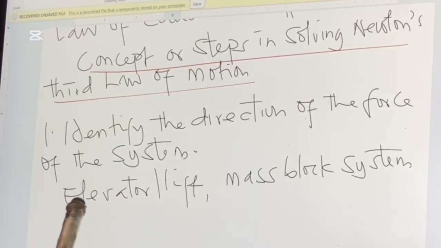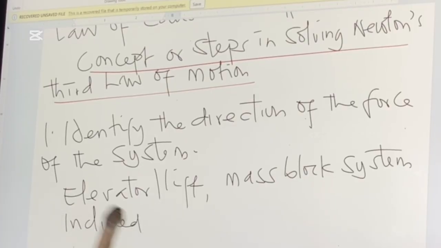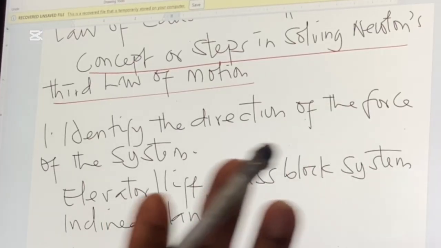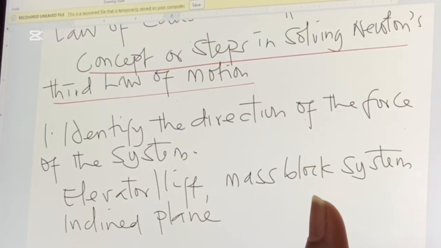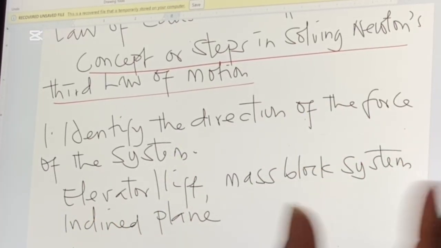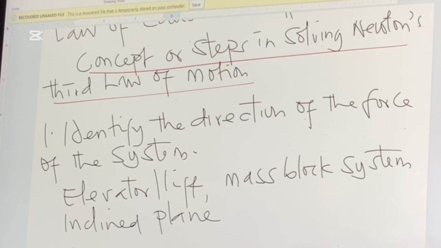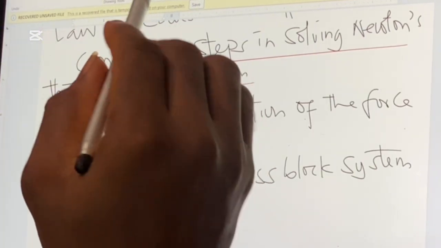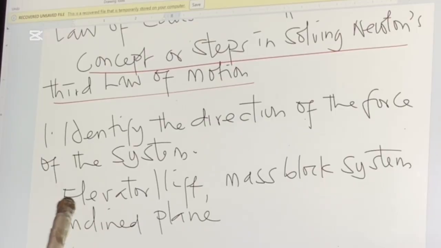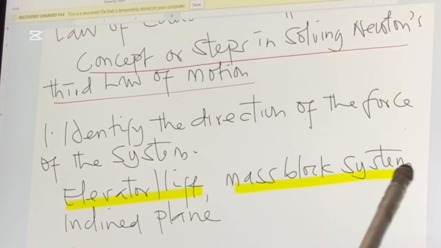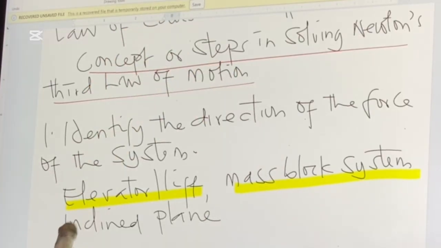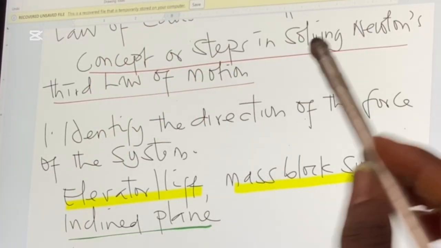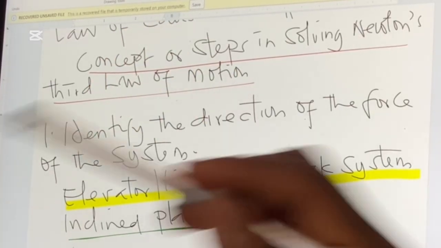The third one is the inclined plane. These are the systems that obey Newton's third law of motion. Whenever you have any question on these systems, at that point we apply the Newton's third law of motion concept.